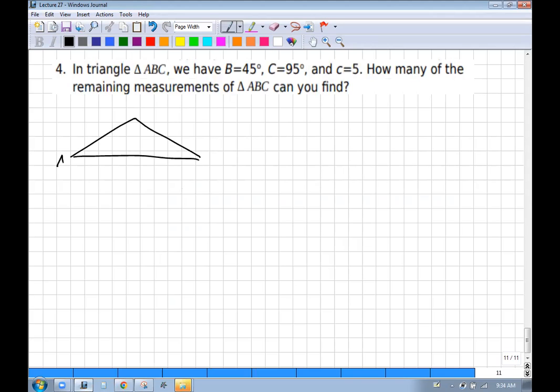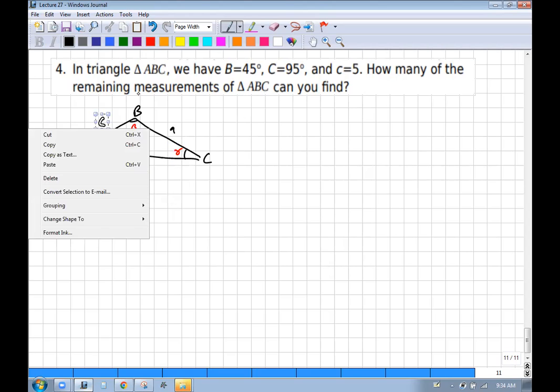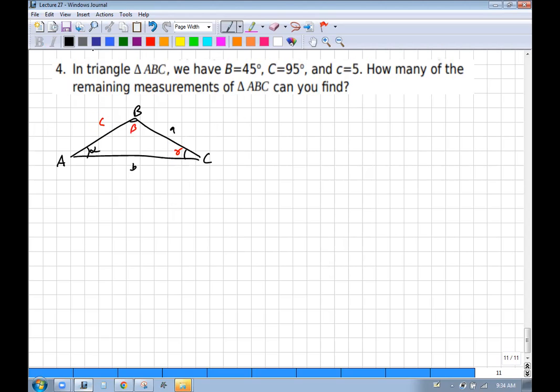Call this A, B, C, alpha, beta, gamma. All right, so we see that B is given. Gamma is given. C is given. So this is a side angle.